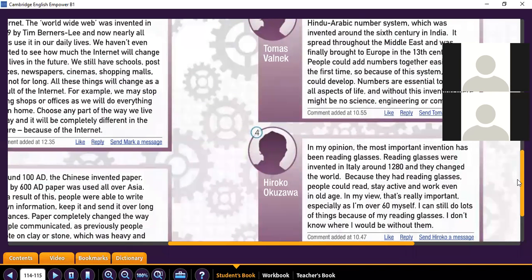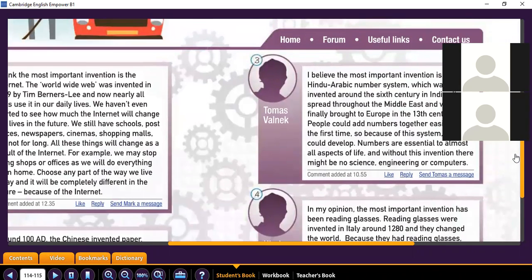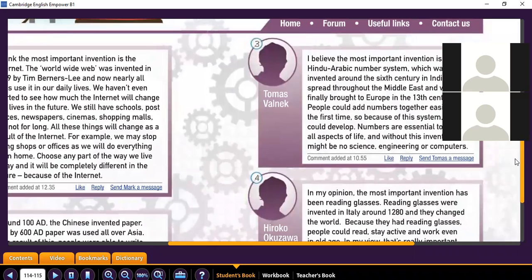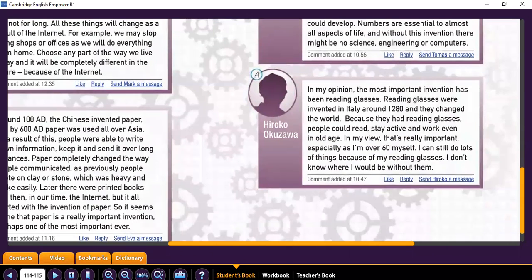Which one is the oldest? Paper, right? Paper is the oldest.